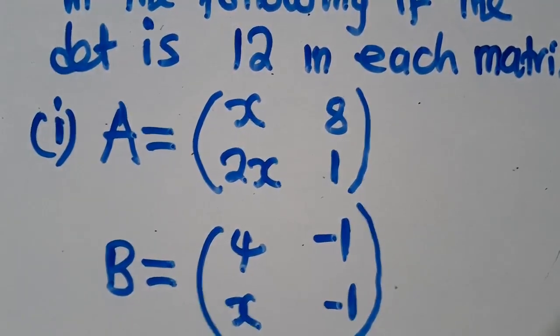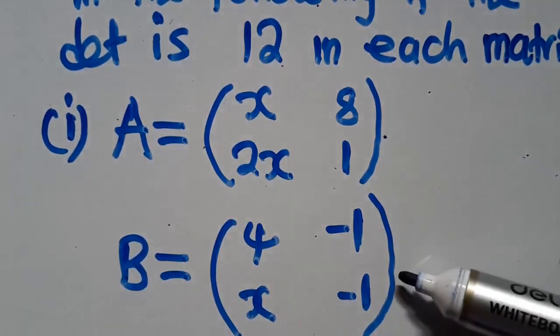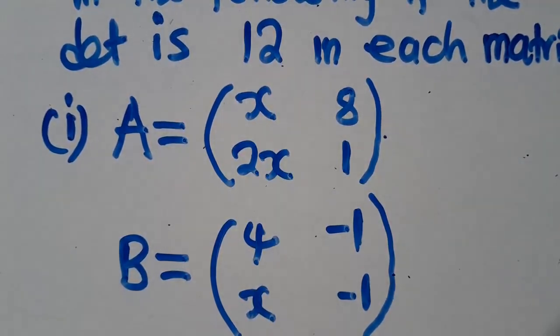So I just want you to answer these few questions that I've given you. Let's practice. So you find the value of x in this one and in this one. Let's see how we are going to work them out and the procedures that we are going to get.